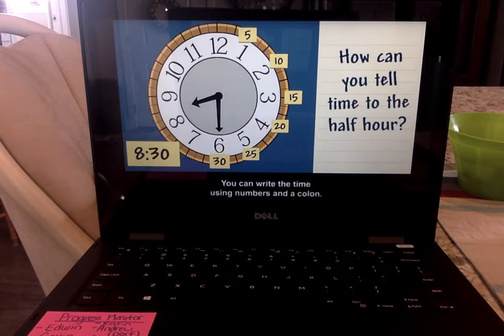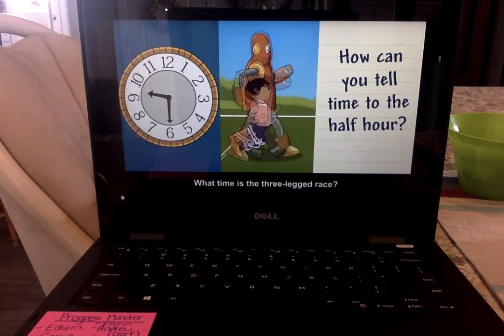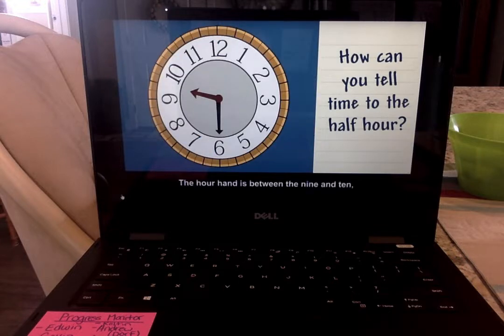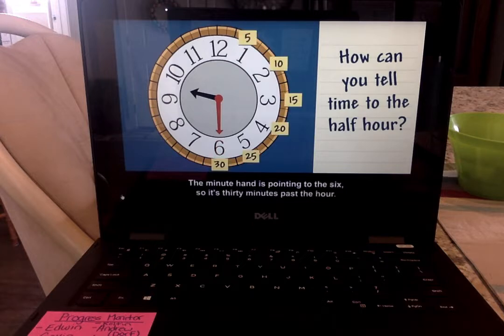You can write the time using numbers and a colon. What time is the 3-legged race? The hour hand is between the 9 and 10, so it's halfway between 9 and 10 o'clock. The minute hand is pointing to the 6, so it's 30 minutes past the hour.